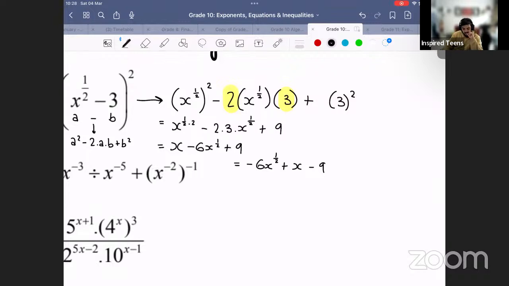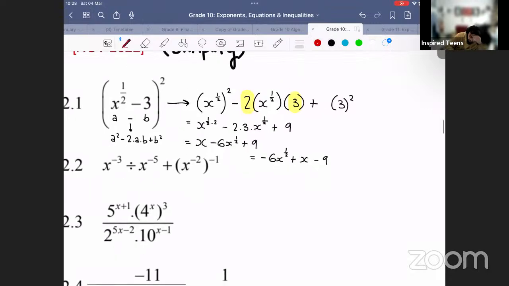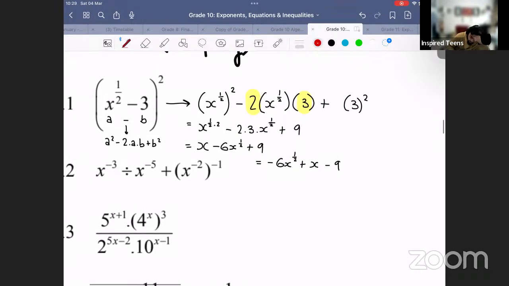Something is wrong. What is the issue? Positive 9, thank you.